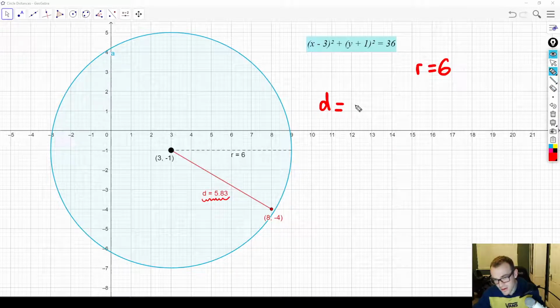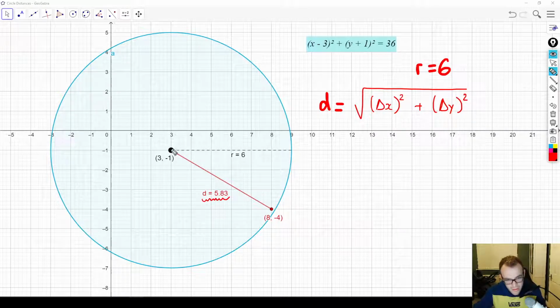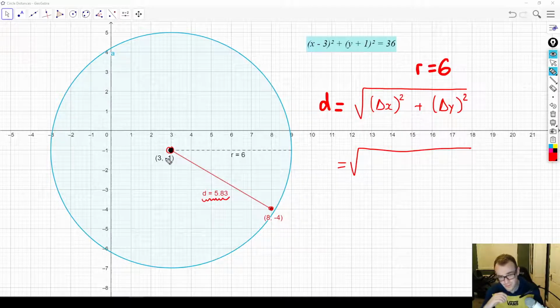My distance formula looks like this. Change of x squared plus the change of y squared. So I need to look at the x coordinates for the center and the x coordinate for the point over here. Then I need to do the same for the y's. So x values are 3 and 8.